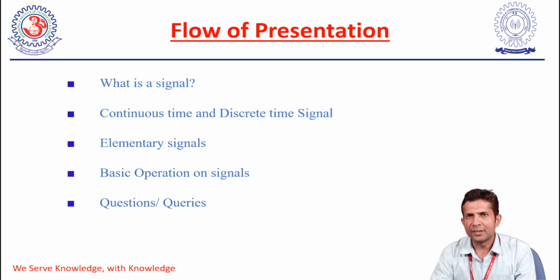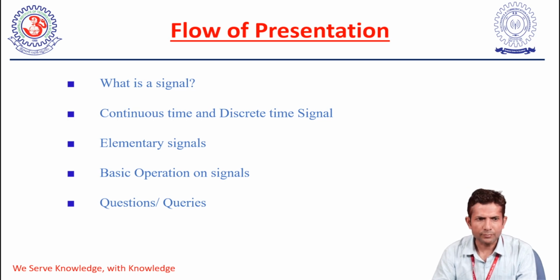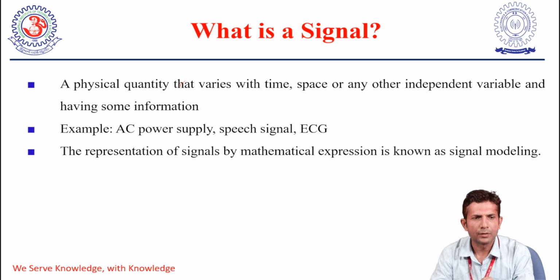So let us start with this topic. First of all, let us understand what is a signal. In signals and systems, we frequently encounter the word signal. In daily life also, you might be hearing about what a signal is.